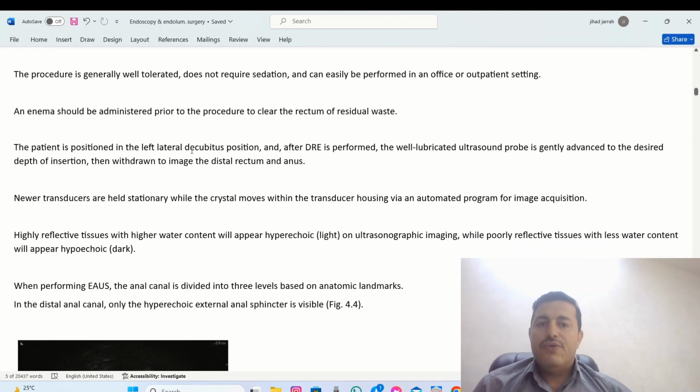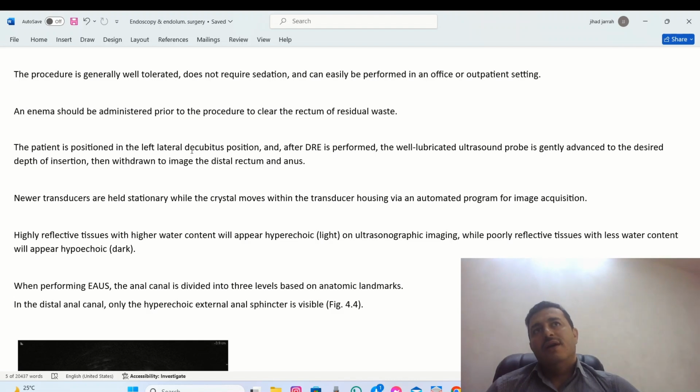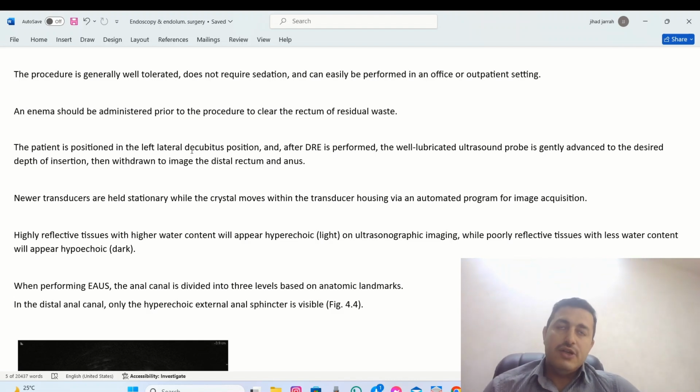The technique is similar to endoscopy. The probe should be lubricated, and even the contraindications are similar. Any obstructing lesion in the anus, or fissure or thrombosed hemorrhoid, will contraindicate the procedure.